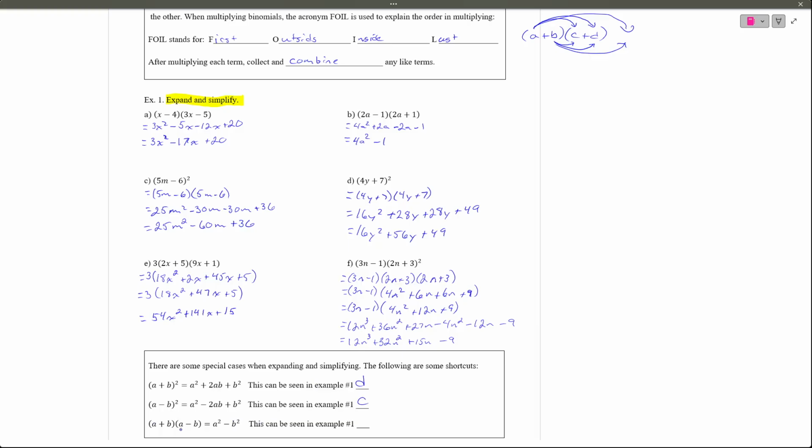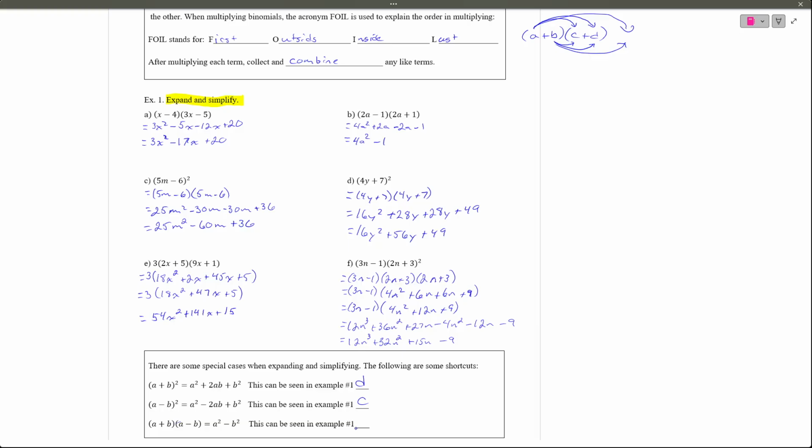Now this last one, eventually we're going to give this a special name in a future lesson, but for now we're not going to give it that name. When you see a plus b times a minus b, what you end up with is the square of a minus the square of b. We actually see this right up here in example B: a minus b times a plus b. It's the same thing, they're interchangeable.